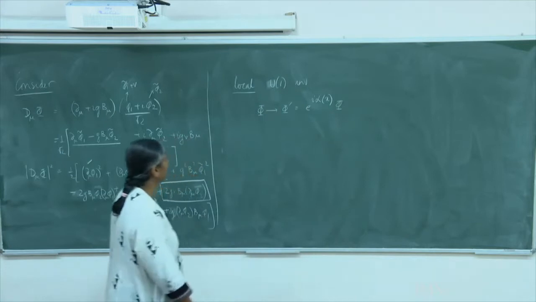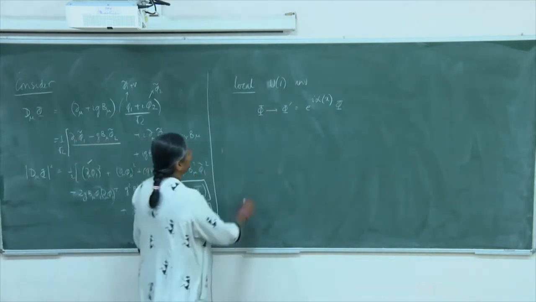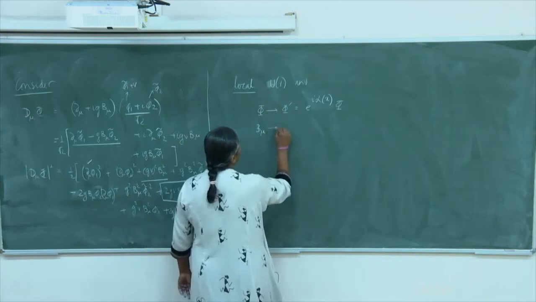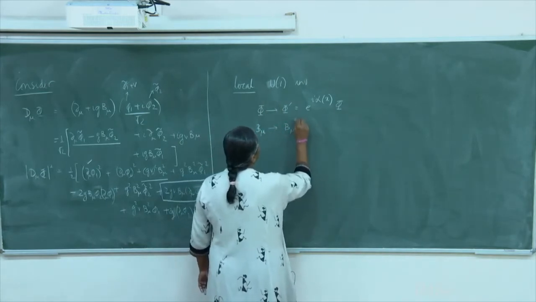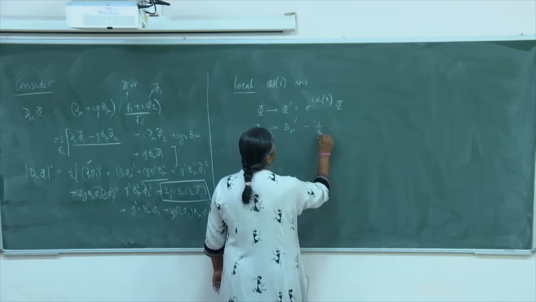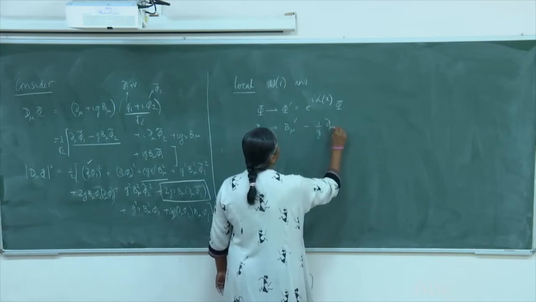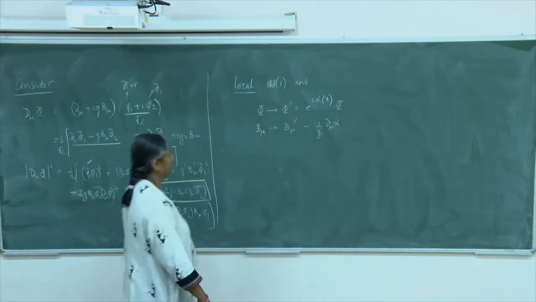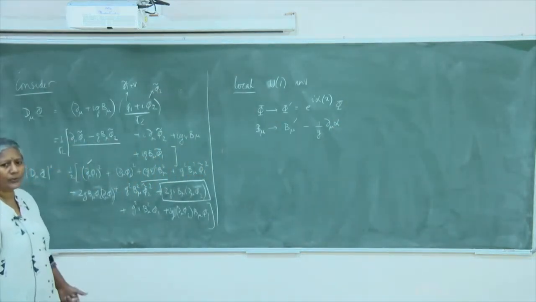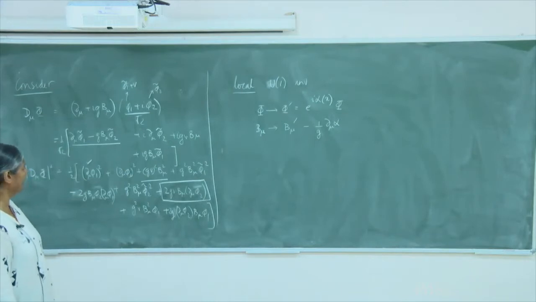And we know that simultaneously B mu goes to B mu prime, was it minus or plus, minus 1 by g d mu of alpha. This is what we had always. This is what a local invariance means.